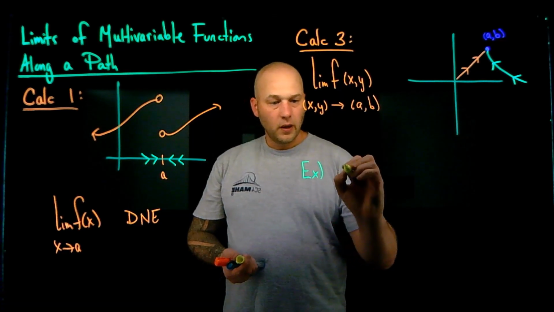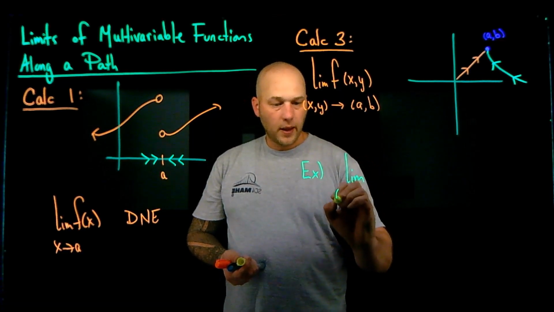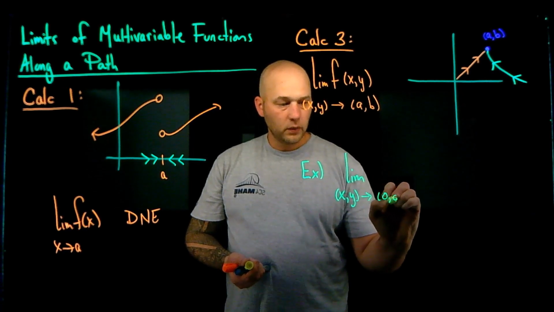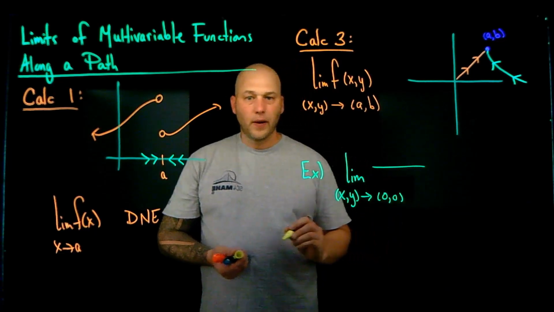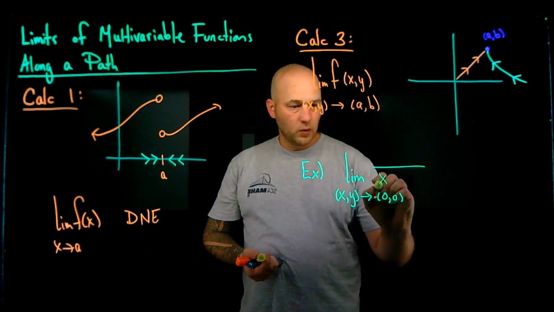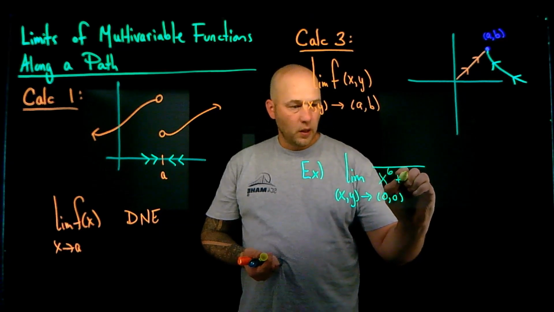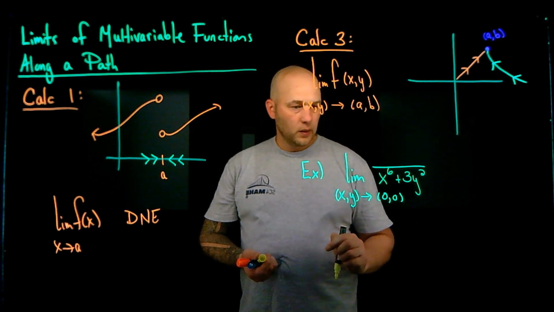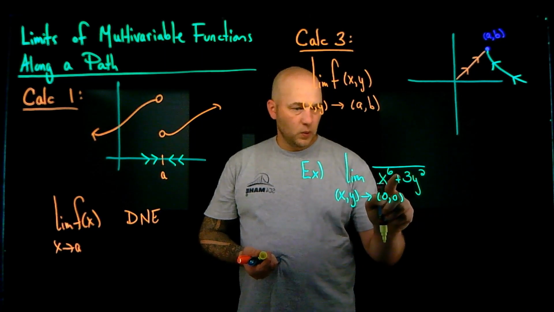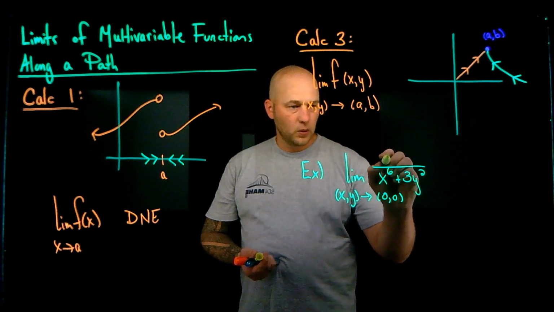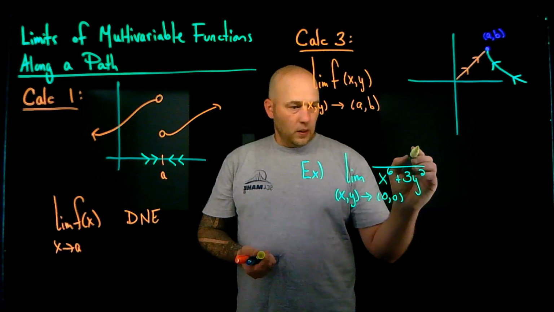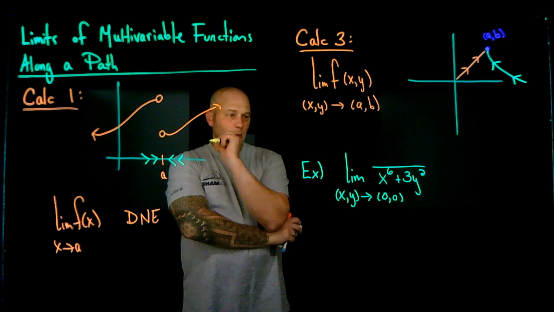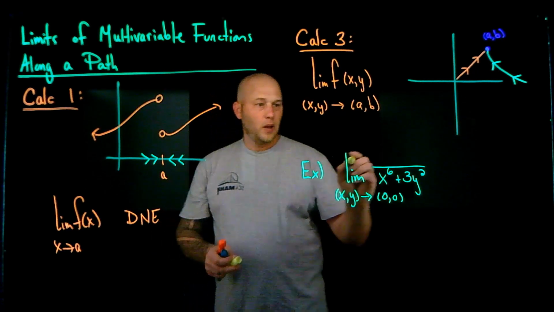Let's consider the limit as (x, y) approaches the origin of the following expression: x to the sixth plus 3y squared in the denominator, and on the top, x cubed y.